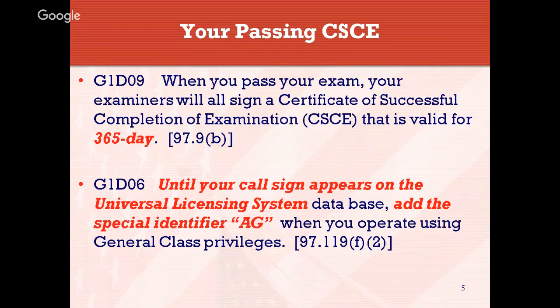Until your call sign appears on the Universal Licensing System database, you need to add the special identifier AG as a duly licensed tech class licensee. Once you get that certificate, that CSCE, you can immediately begin to utilize and leverage your new privileges as a general class licensee.